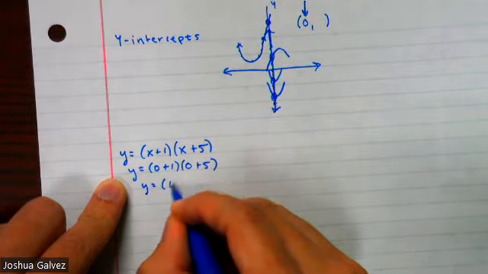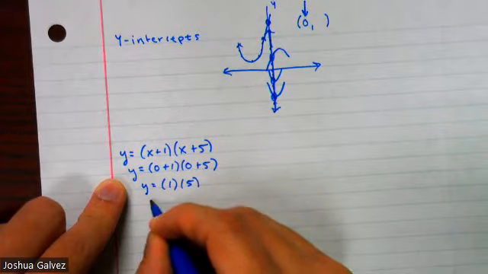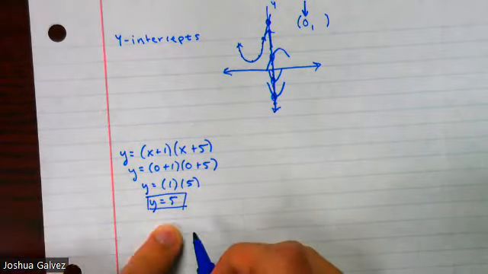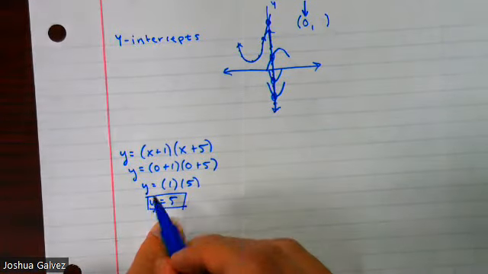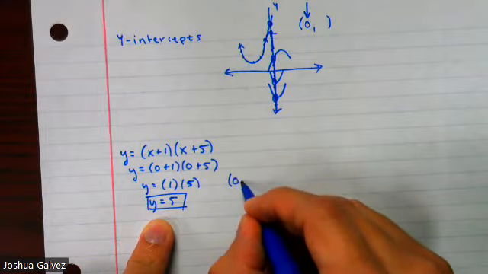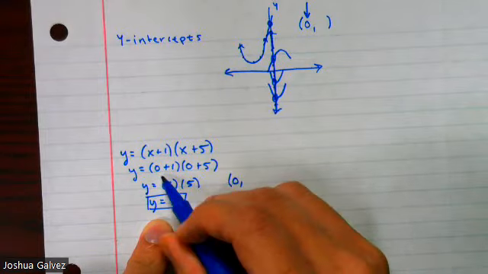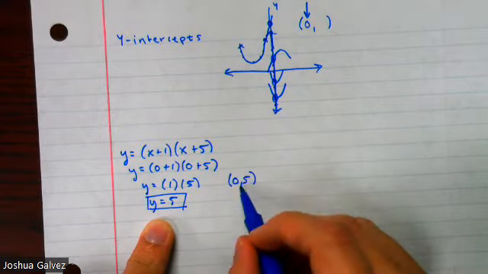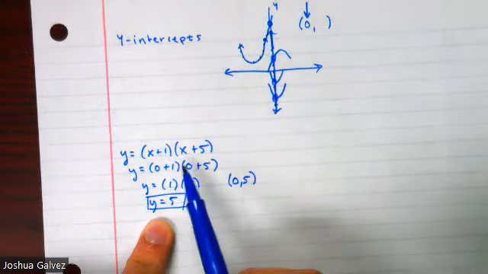We get y equals 1 times 5, so y equals 5, and it tells us what the y-coordinate is. So in this example, the x-coordinate had to be 0, and when that happened, the y-coordinate resulted in a 5. This is the y-intercept of this equation.